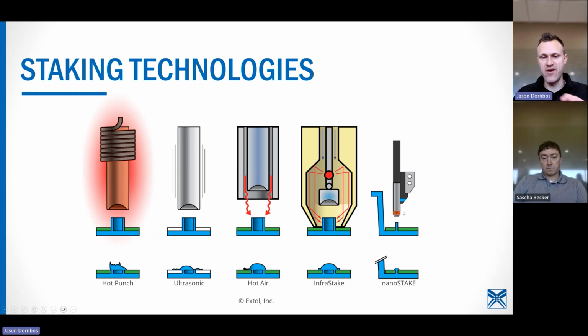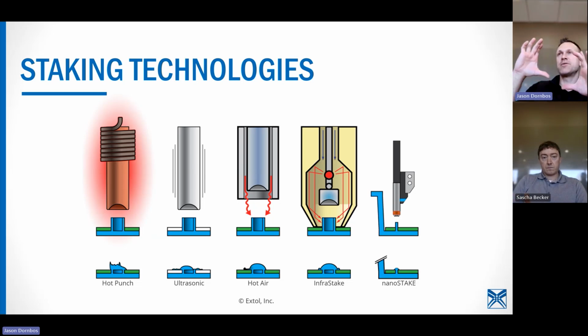NanoSTAKE is very different because we are heating from ambient to the operating temperature and then back down to ambient every single cycle. So when you pause or take a break, it is sitting there at ambient temperature. You can reach in, you can touch the modules, they're cold to the touch. And then we're also monitoring all of these things way better.